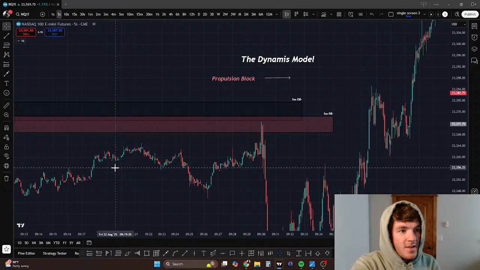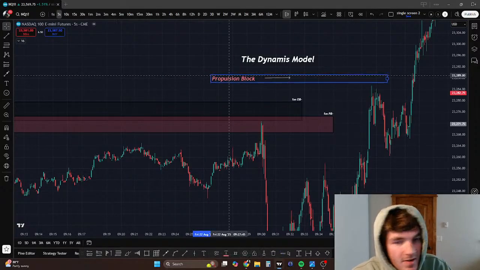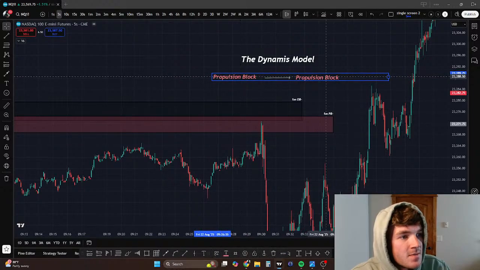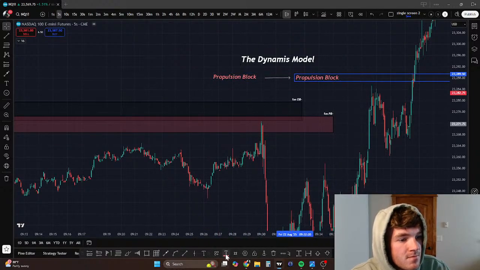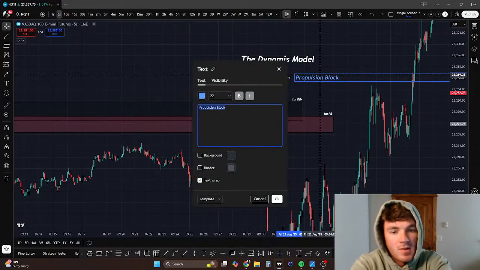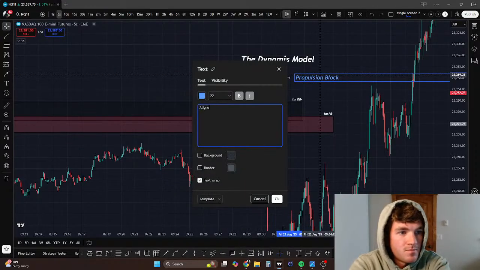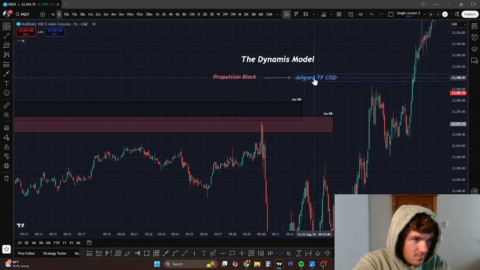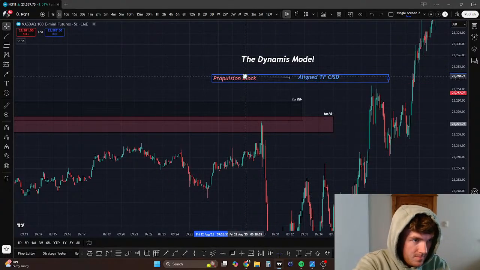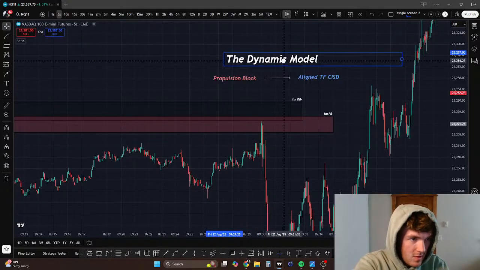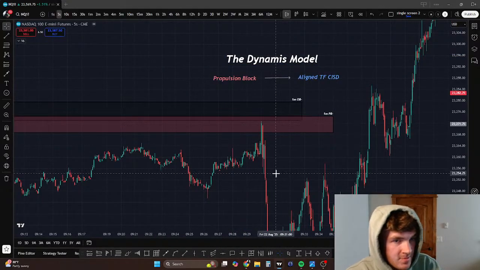Check this out, right? Propulsion block, and then aligned time frame change of state. So we had a 1 minute propulsion block.